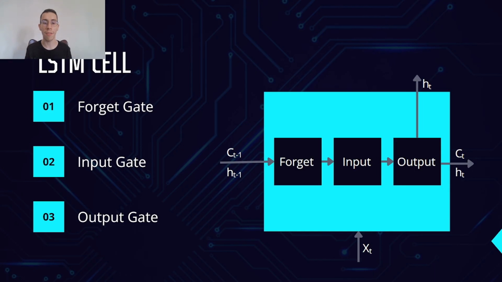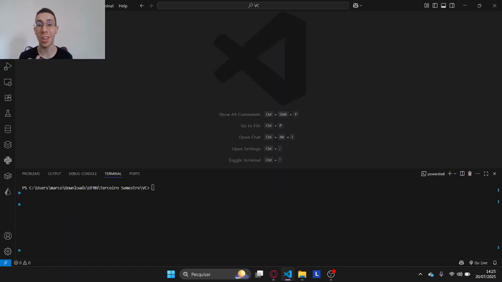So it will have all the information that is judged to be useful for making a prediction in a time series based network. With that said, we can finally start coding.